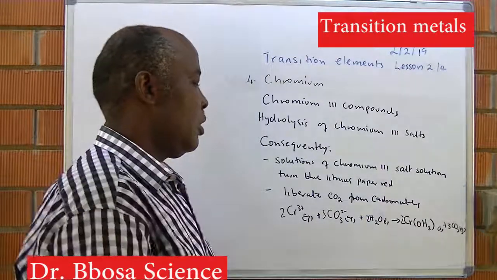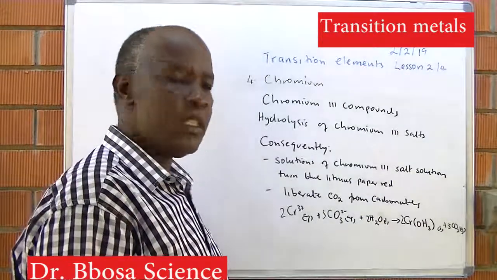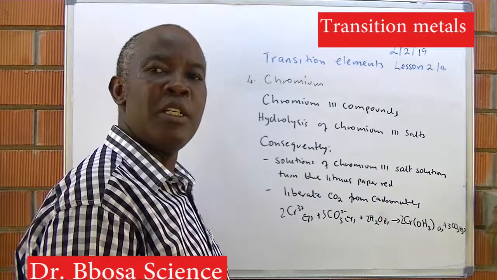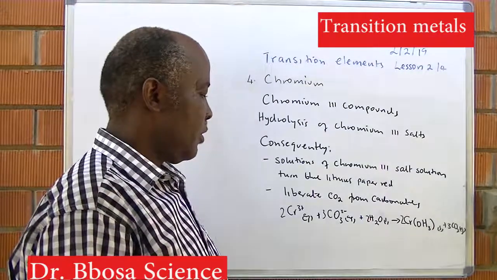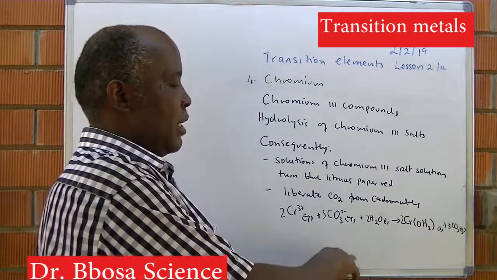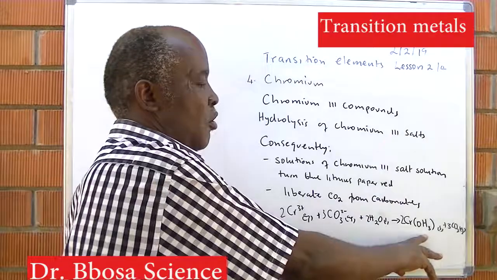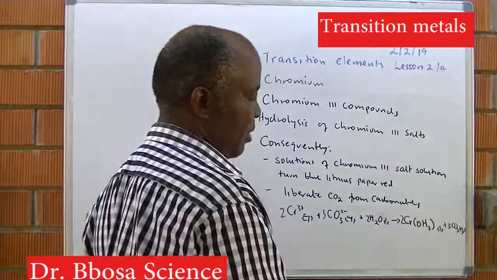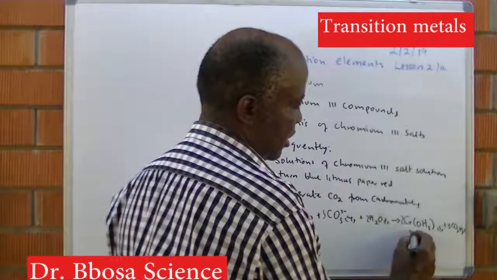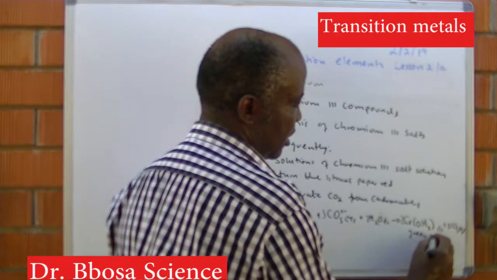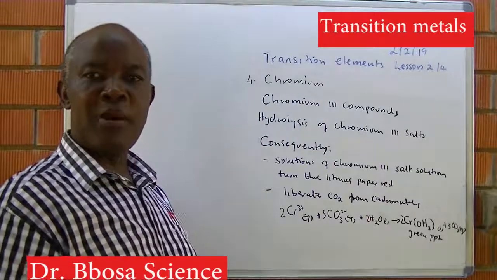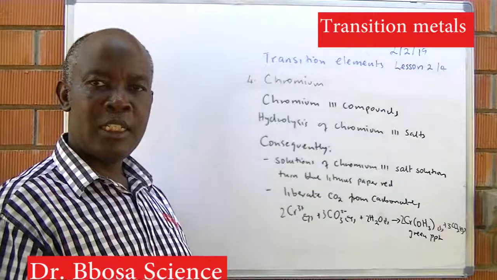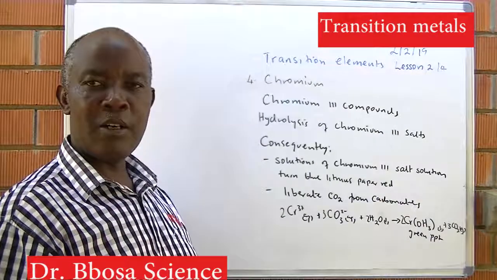Then 2, solutions of chromium(III) salts will liberate carbon dioxide from carbonates. So chromium plus carbonates plus water will give chromium hydroxide, which is a green PPT, and then carbon dioxide.